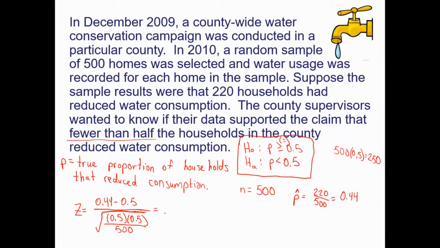What would that equal? Negative 2.68, good. Okay, so there is our Z statistic.